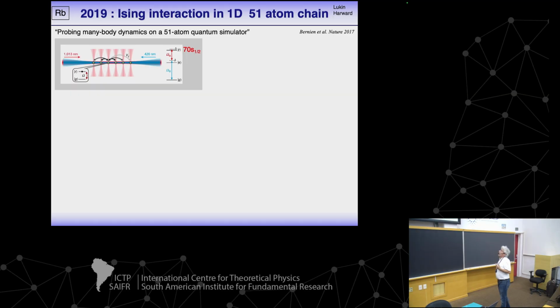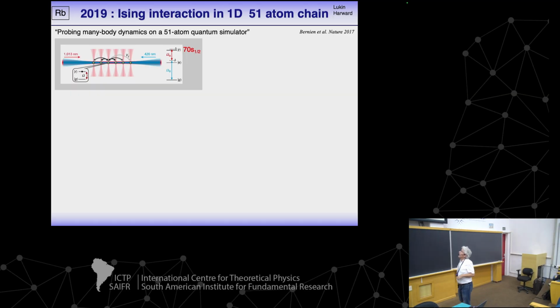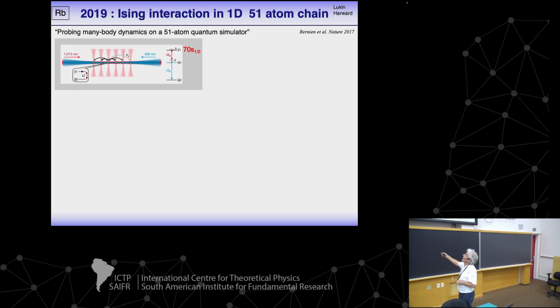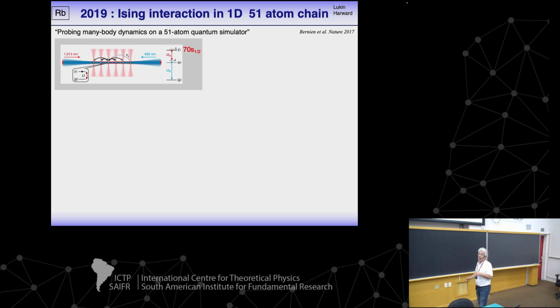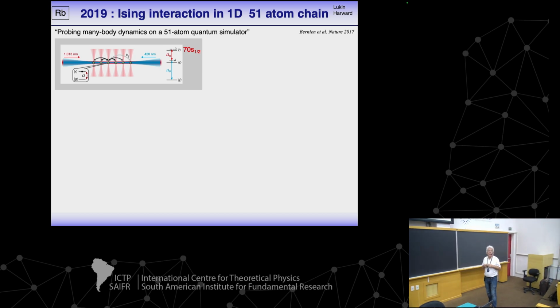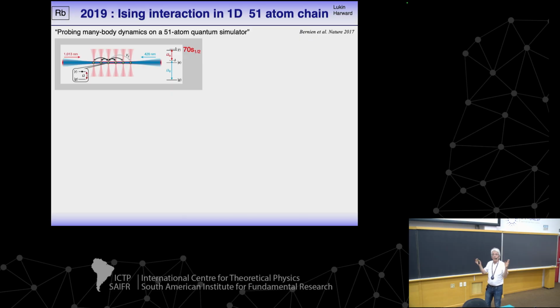So what do they do? They have a linear chain of atoms which are prepared by the rearrangement technique involving an acousto-optic deflector with a lot of different frequencies sent to it, and then atoms are compressed and reordered.